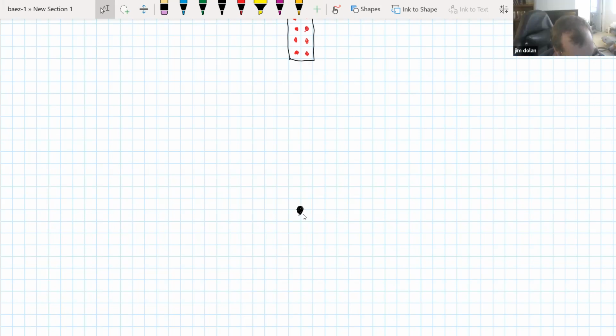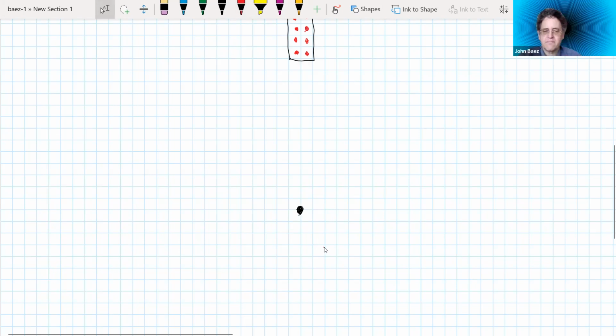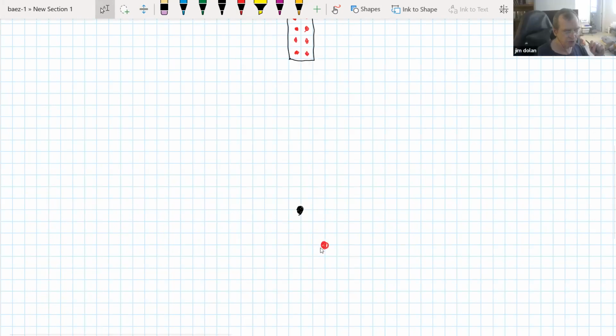So let me try to get some finite quotient ring of the Gaussian integers here. So let's try to mod out by this Gaussian integer right here. Now it's like 2 plus 3, or 2 minus 3 times I, or something like that. What is the quotient ring going to look like?